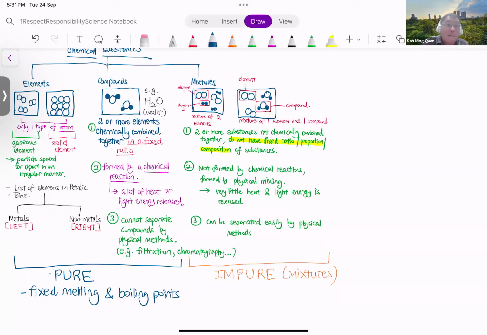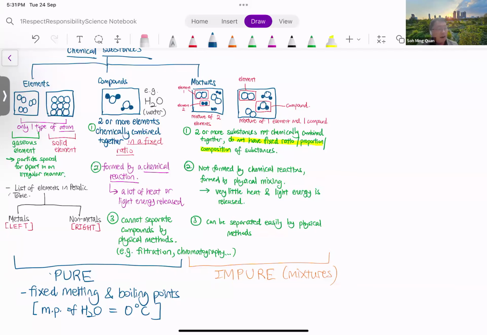So if you think about the compound H2O, water melts at 0 degrees Celsius, it boils at 100 degrees Celsius, right? So it's very clear cut. The melting point of water is a fixed number. It will only melt at this temperature, not at another temperature. So as it's melting, the water remains at 0 degrees. It will not go to 1 degree while it's melting.